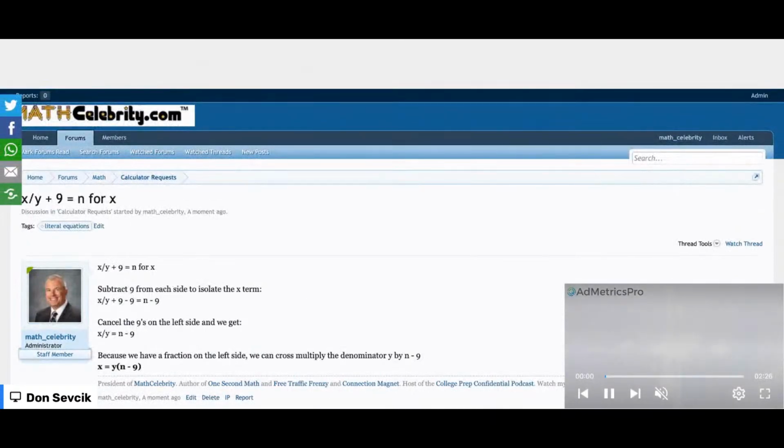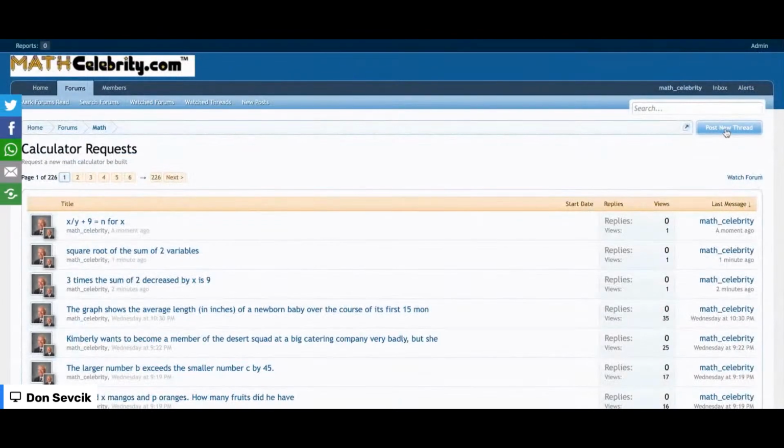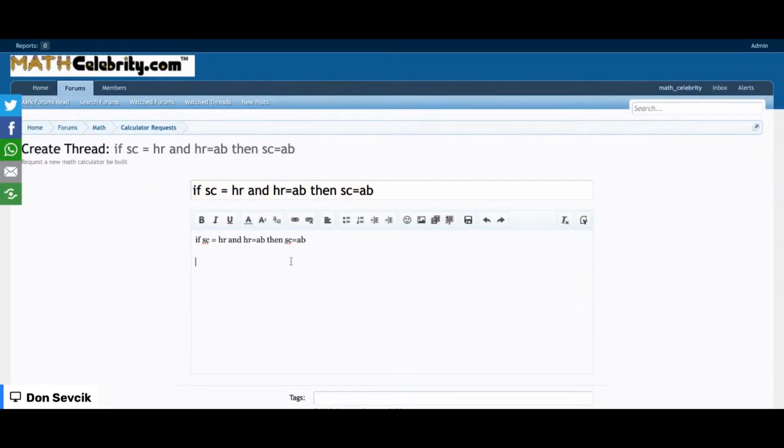Okay, next. This was interesting that came in. We've got if SC equals HR and HR equals AB, then SC equals AB. Okay, so SC equals HR, given. Since HR equals AB, we can substitute AB for HR.